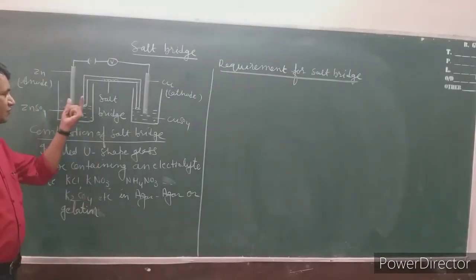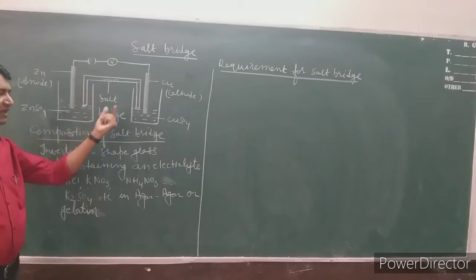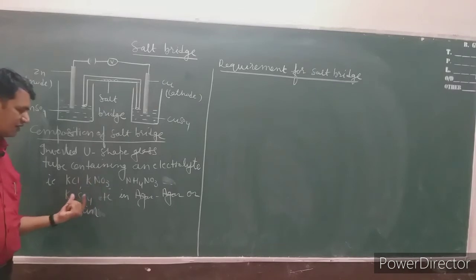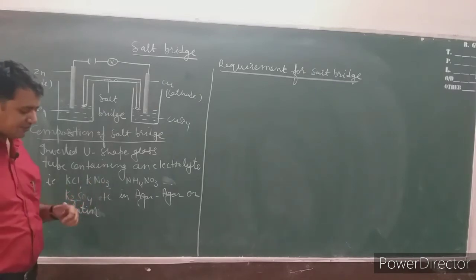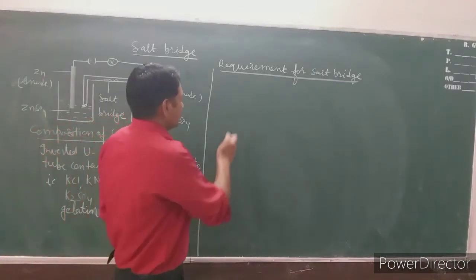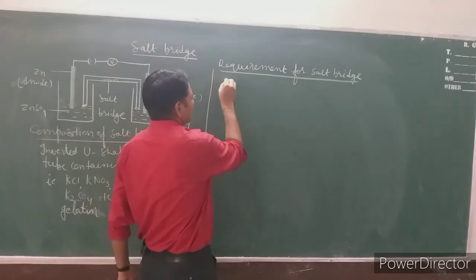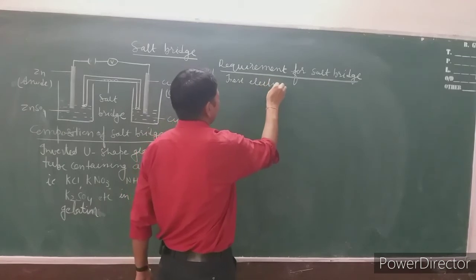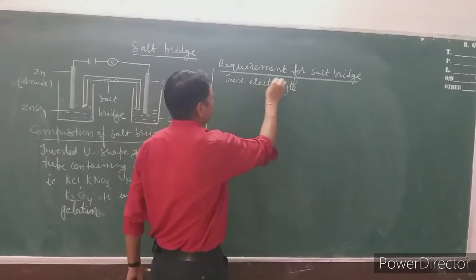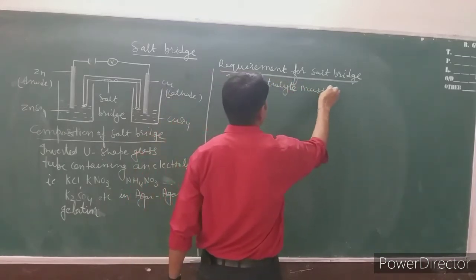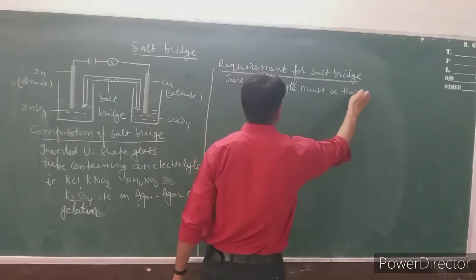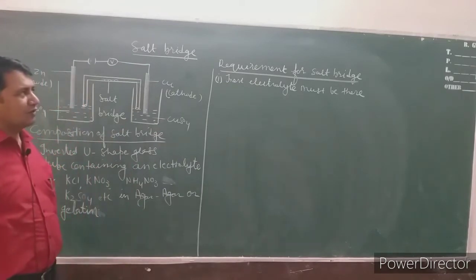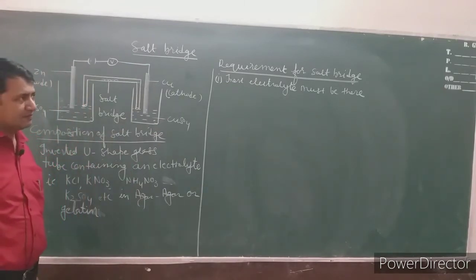The first requirement is we require an inverted U-shaped glass tube, and second we require an electrolyte, any one among these four. But an inert electrolyte must be there. This is the first requirement for construction of a salt bridge.